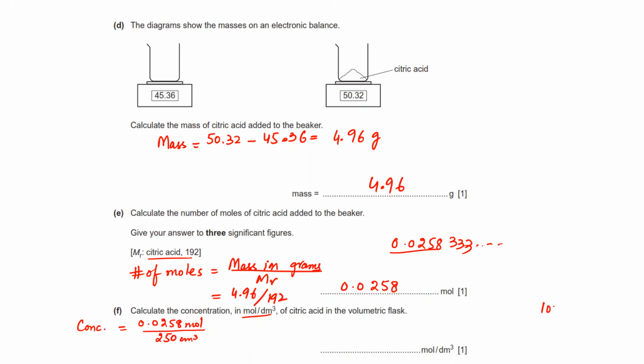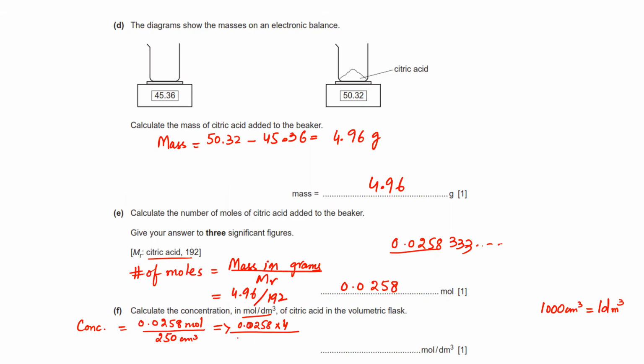So remember, 1000 centimeter cube is equal to 1 decimeter cube. So mole per decimeter cube. So if we have to find out the concentration, just simply multiply top and bottom by 4.